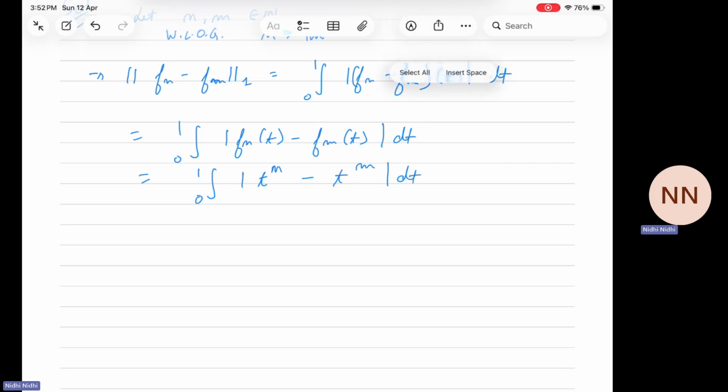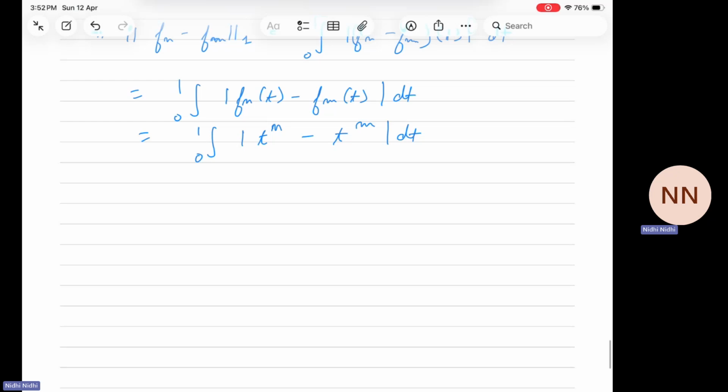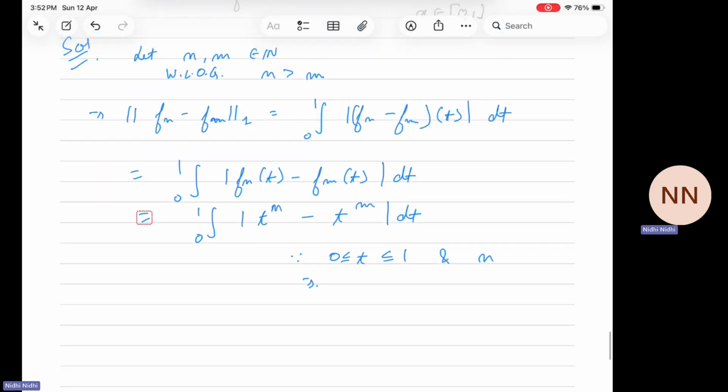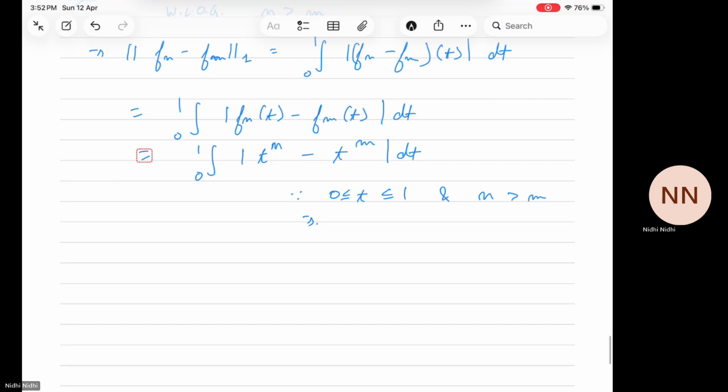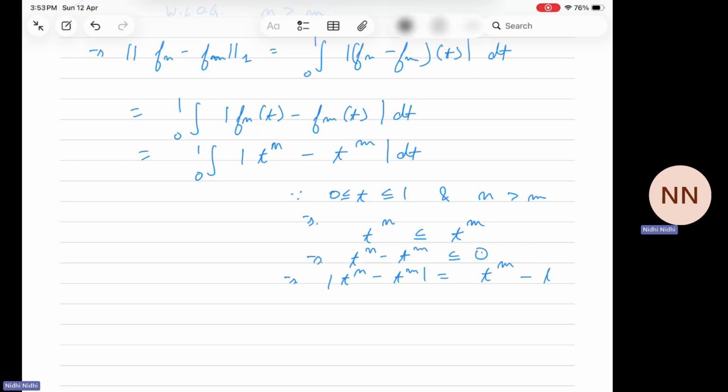Now, since t is in between 0 and 1, and n is greater than m, this gives us t to the power n is less than or equal to t to the power m. That means t to the power n minus t to the power m is negative. So the modulus of t to the power n minus t to the power m is equal to t to the power m minus t to the power n.